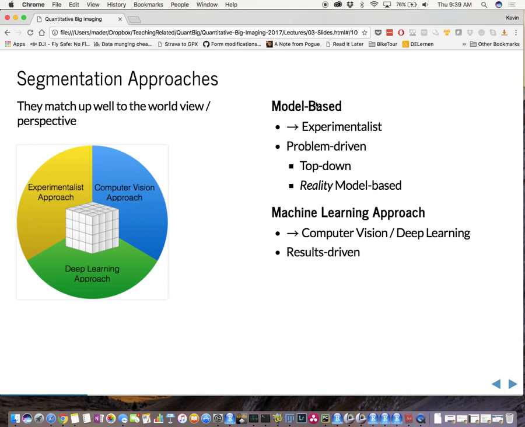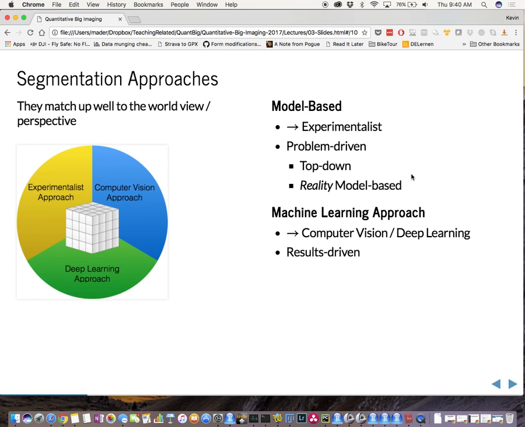The other approaches, of course, are the deep learning and computer vision approaches, and we group these together as the machine learning approach. This is where you don't have an explicit model that you're working with. You're very much focused on the results that you want to get. These two approaches are very different because with the first one, you have an understanding of how your system works, and you're trying to optimize it to get the best results out.